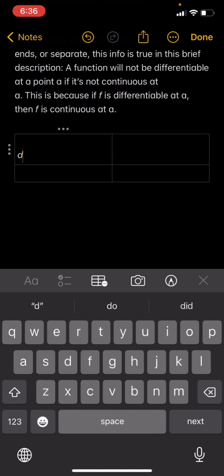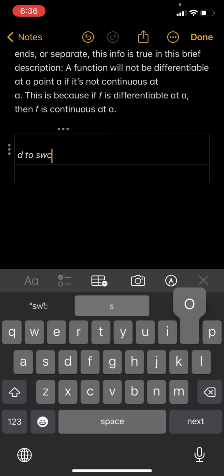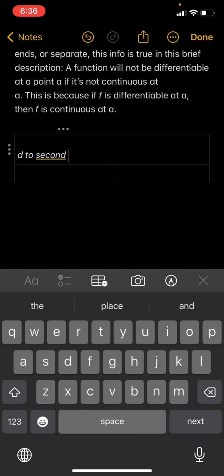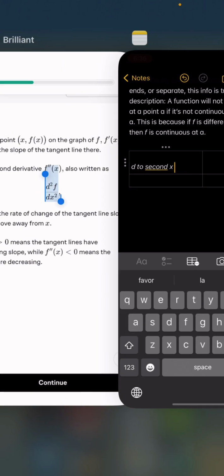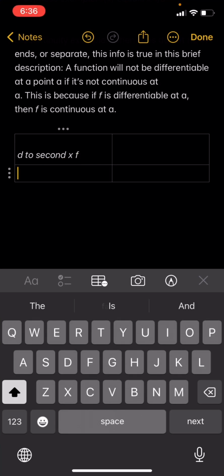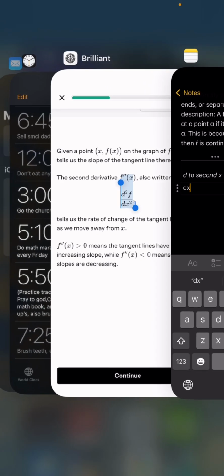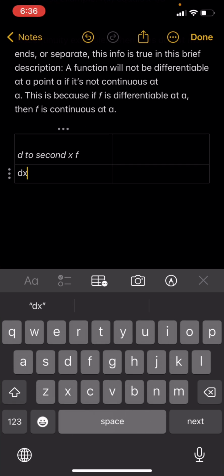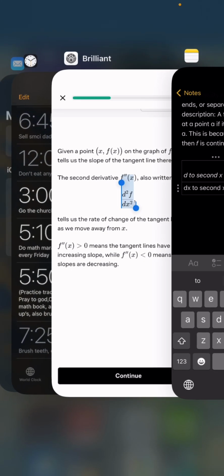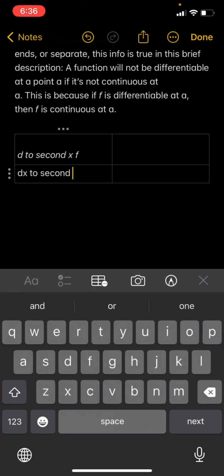So, derivative to the second, x, f, derivative x, to second, times.